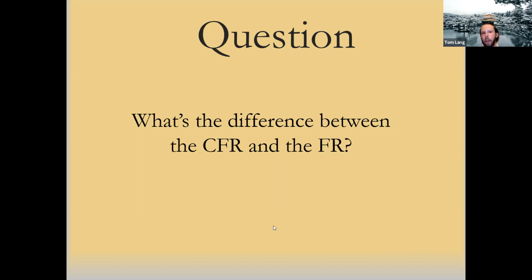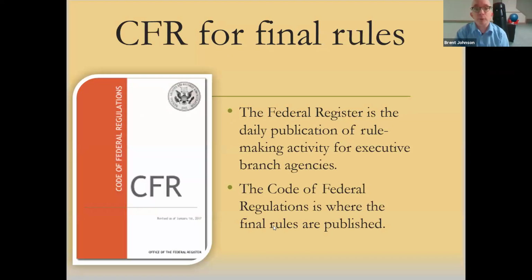Then the CFR is the actual codified, finalized regulation. And that's exactly right. If I had a prize, I'd give it to you. So the CFR, Code of Federal Regulations, is for the final rules. The final rules, the executive orders for the year, etc., in the final format.